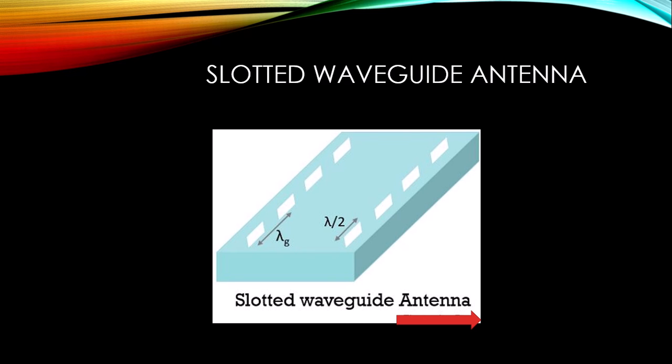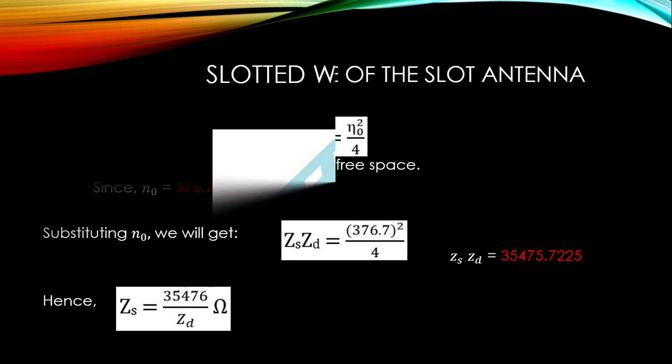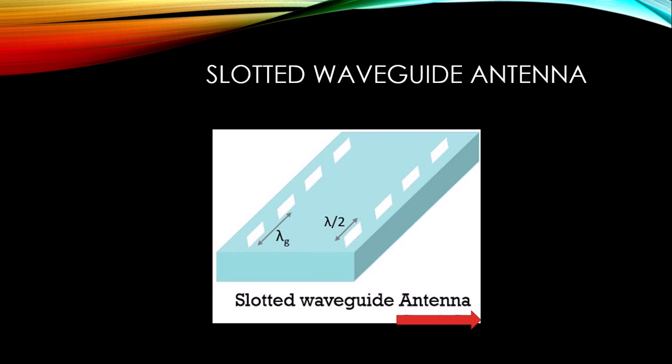In this one, we have the slotted waveguide antenna. In a slotted waveguide antenna, multiple slots are present in a waveguide, forming a group of antennas. The separation between slots is such that there exists a half guide wavelength distance between the centers of each adjacent slot.